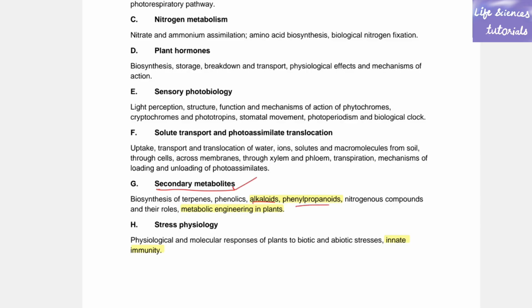If you are studying secondary metabolites, then it is expected that you know about alkaloids. And metabolic engineering in plants has been added now. There are many questions in the past few years which have been asked on the metabolic engineering topic. So now they have precisely mentioned it in the syllabus, and also innate immunity with respect to plants.